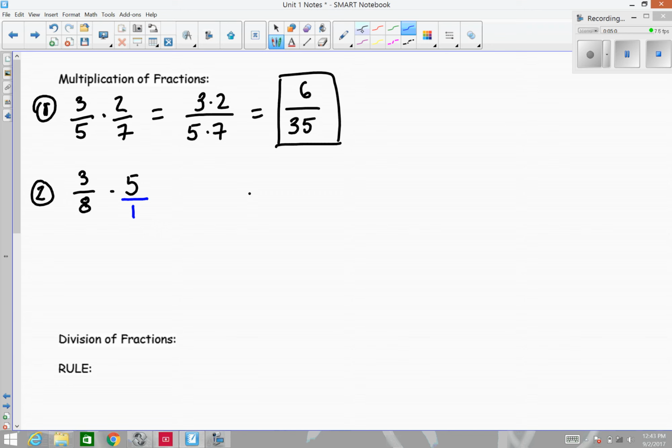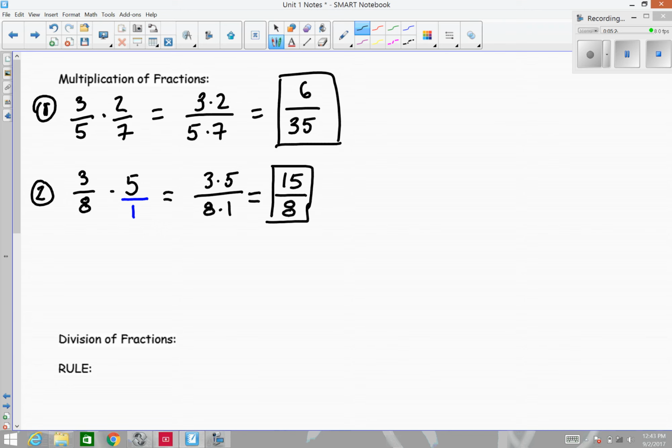Now I can go ahead and think about multiplying numerators. 3 times 5 over 8 times 1. And that's not looking like anything can be simplified or reduced, so I'm going to end up with 15 over 8.